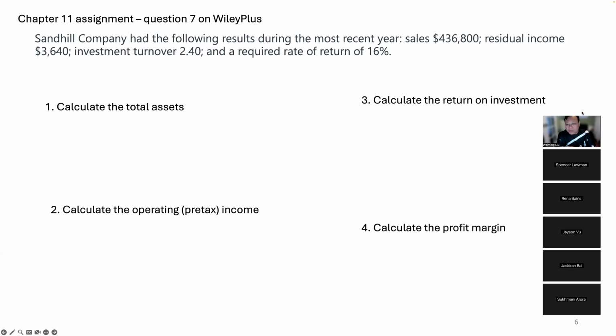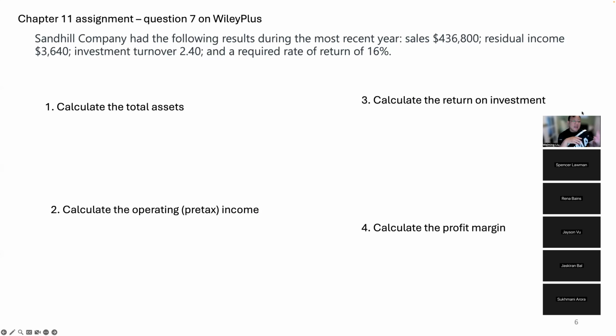The first question asks you to calculate the total assets. This is the factor we are trying to figure out, so you have to make a linkage between total assets and the information given.